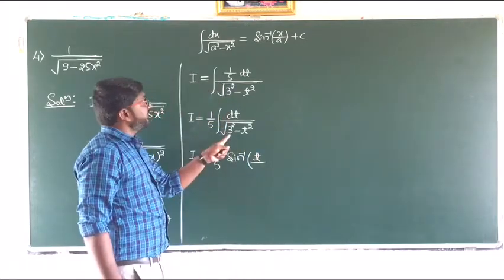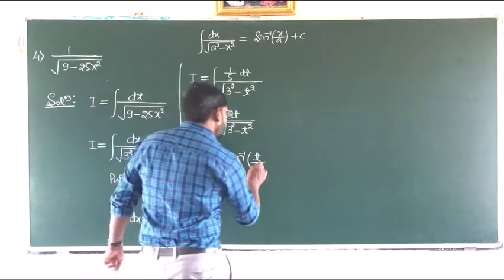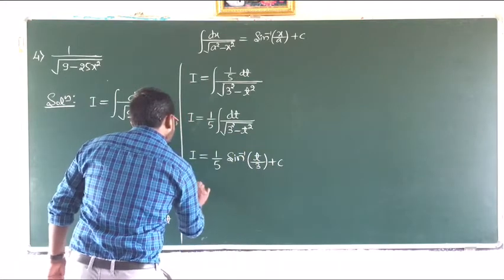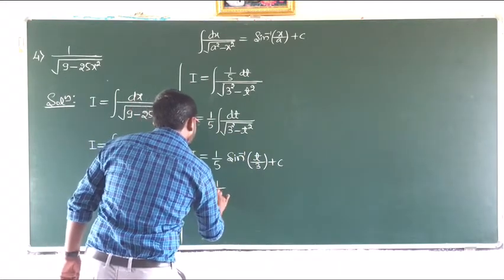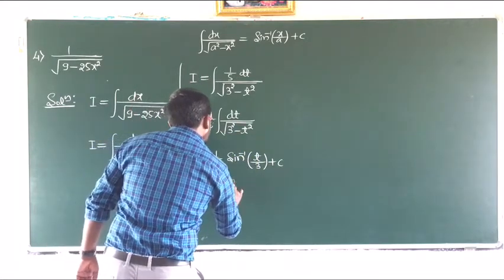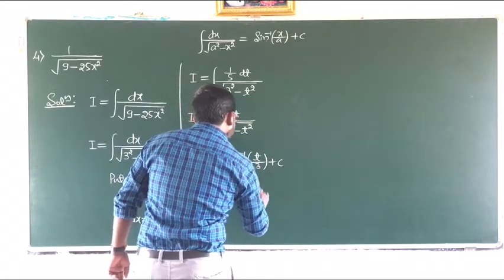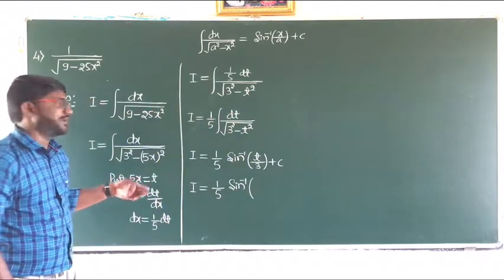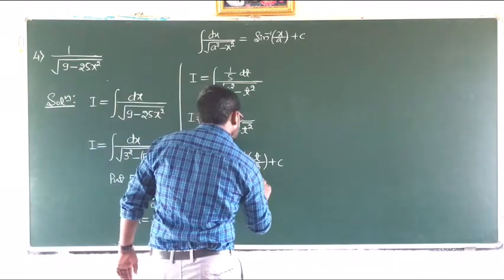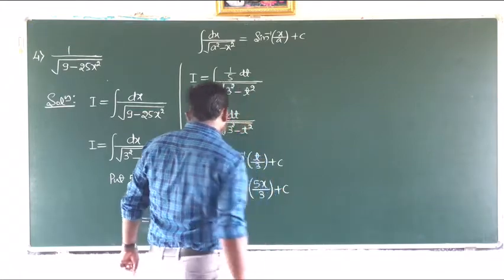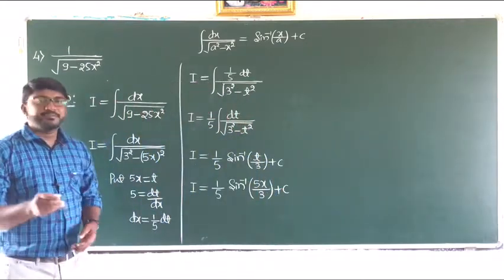In place of a I have 3, so it becomes t by 3 plus c. What is t now? t is 5x. So I is equal to 1 by 5 sin inverse 5x divided by 3 plus c. So this is all about the fourth problem.